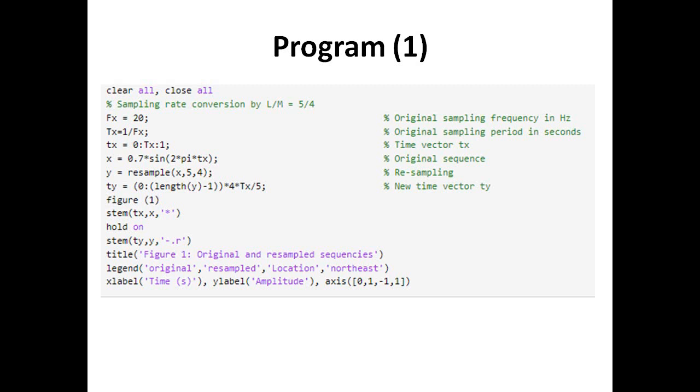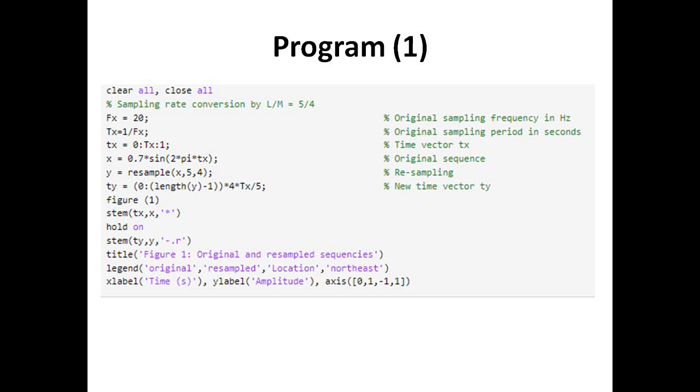Normally till now we have considered the sequence in a discretized form. So x of n might be in the form 1, 2, 3, 1, a digital sequence, but here we have represented it in a sinusoidal form, and the signal will be sampled at a regular interval given by Tx.